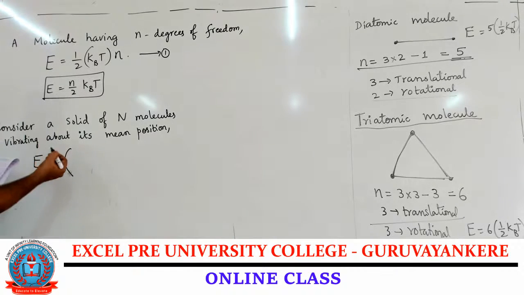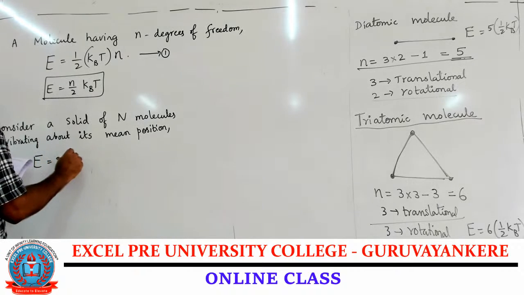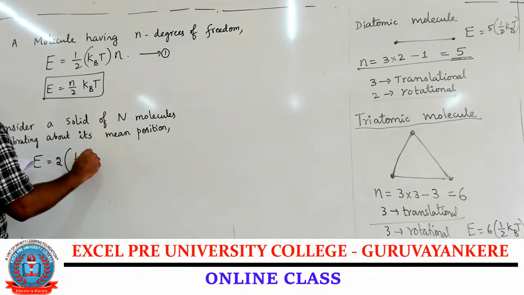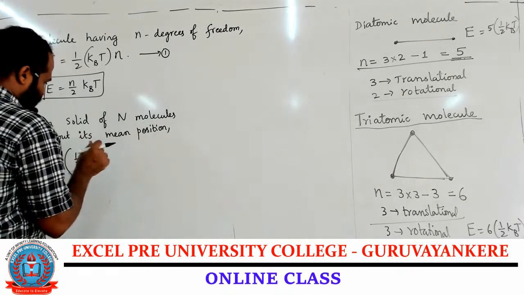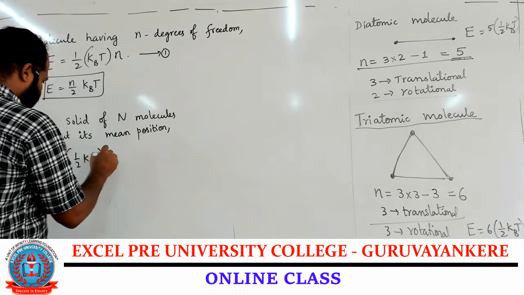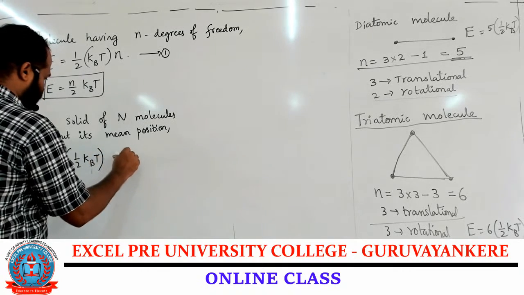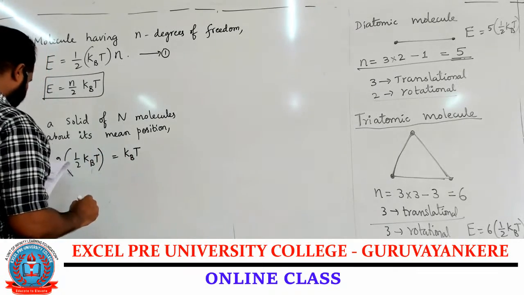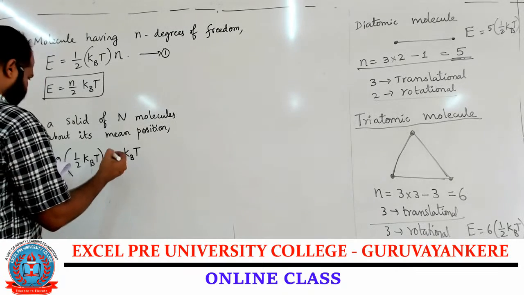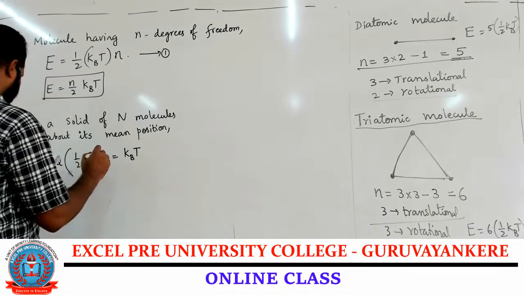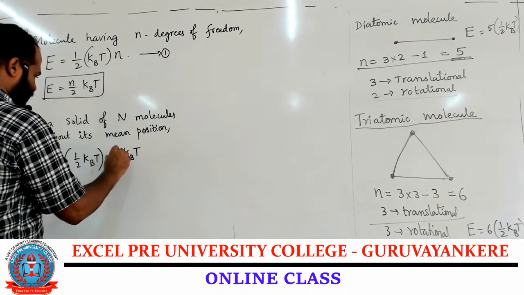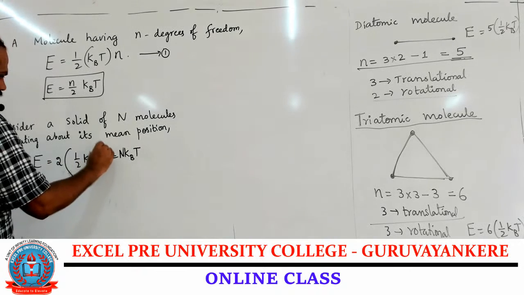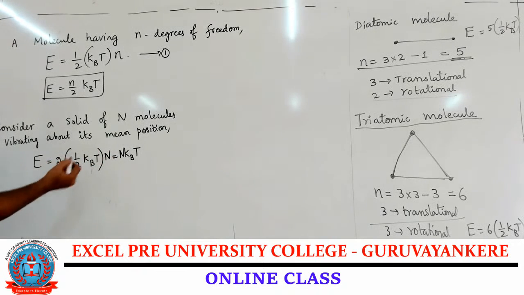One is due to its vibration, another is due to the interaction. So it will have 2 degrees of freedom, and this is its total energy. For n molecules, it will become n kBT in 3 dimensions.